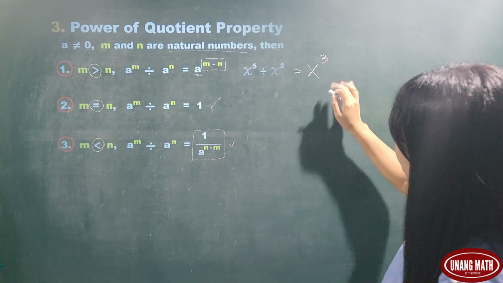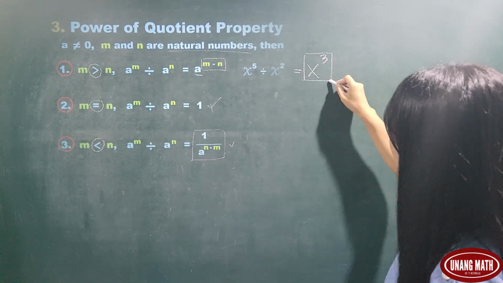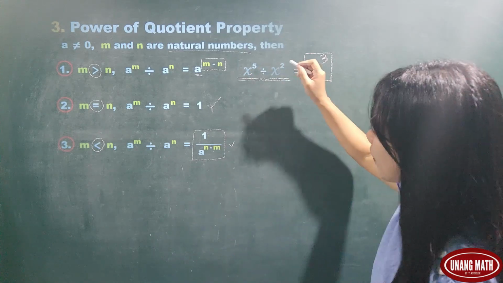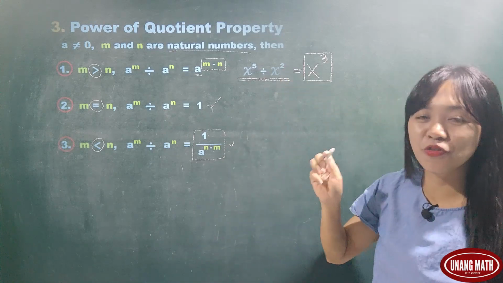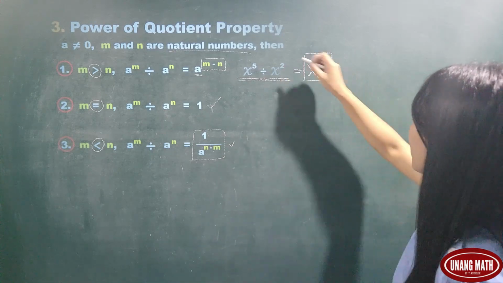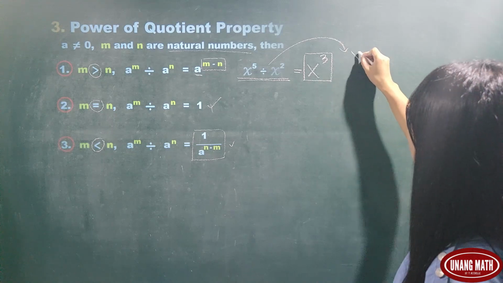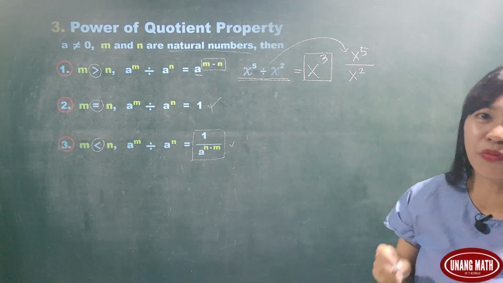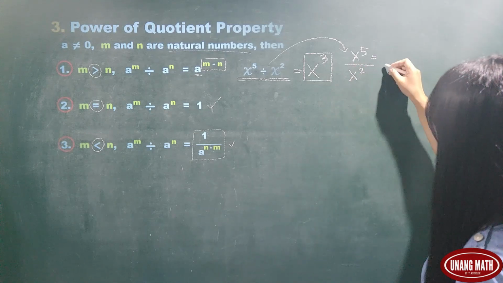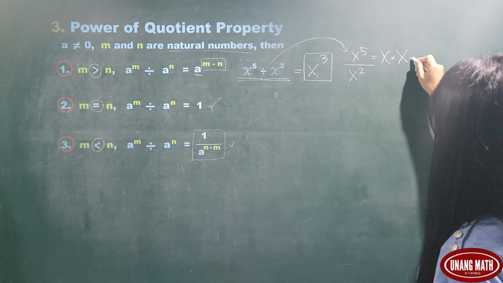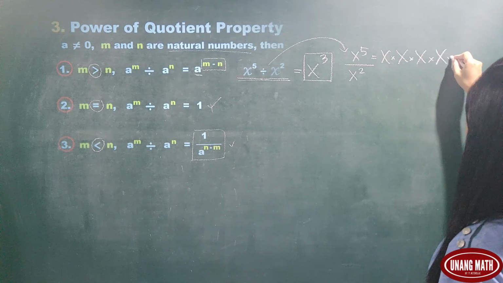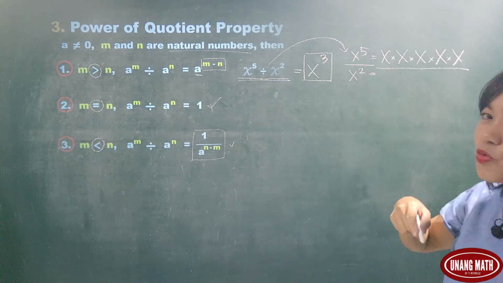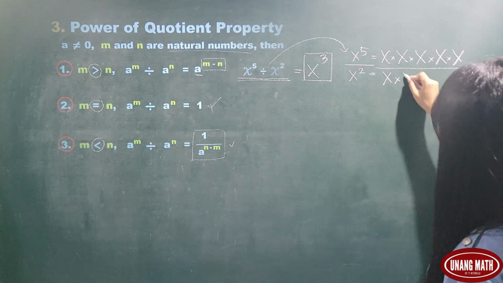Okay, I will explain further how I got x raised to the power of 3. We will write x raised to the power of 5 divided by x raised to the power of 2 as a fraction. So this is x raised to the power of 5 over x raised to the power of 2. X raised to the power of 5 is x times x times x times x times x, over x squared, which is x times x.